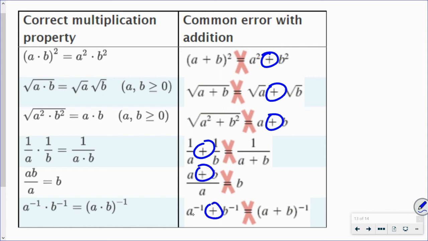The rules of multiplication do not apply to rules of addition. Especially like this one right here. Okay, if you're multiplying these two, you can break it up. But if you're adding the items under the square root, you cannot break it up like that. Okay, so these are very common errors. The properties of multiplication do not apply to the properties of addition.